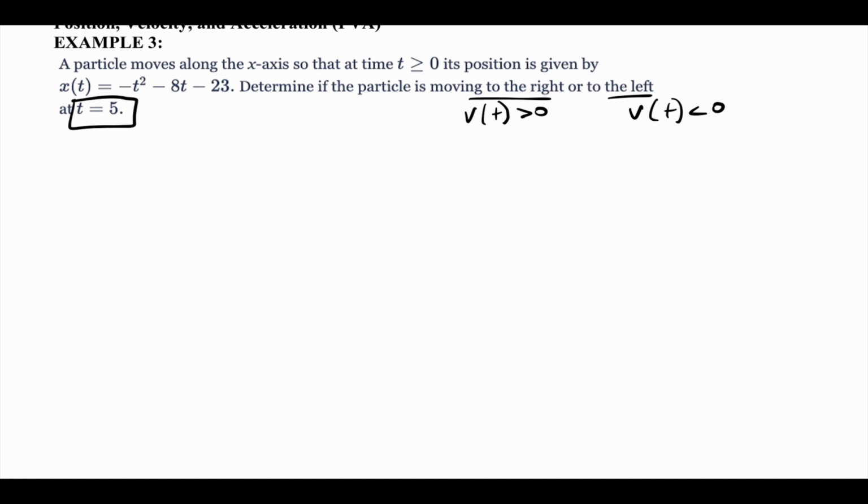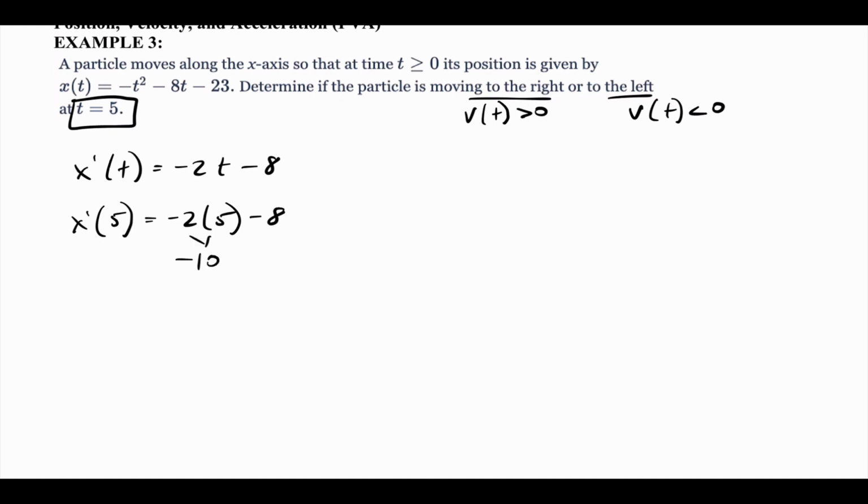Sometimes they'll give you velocity, like v of t equals something. Then you don't even have to find the derivative. You just plug it in, right? But since we don't know velocity, we have to do that first. Negative 2t minus 8. That's velocity. Plug in 5. Negative 18.